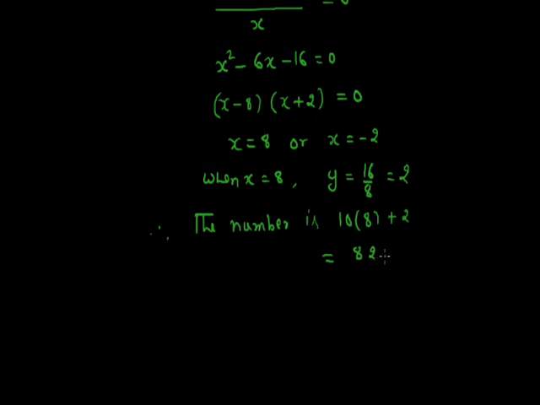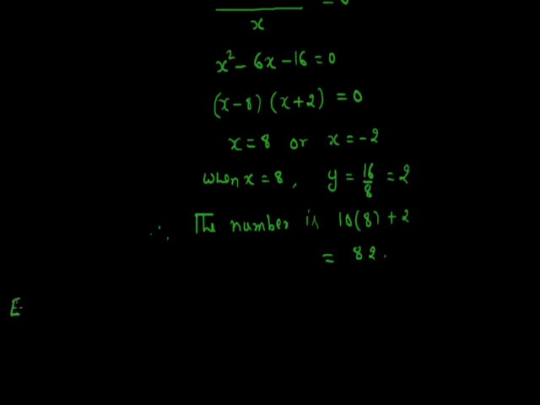Therefore the required number is 82. It means the product of the digits in 82 is 16, 8 multiplied by 2 equal to 16. And if we subtract 54 from 82, then we will get 28, so the digits interchange their places.